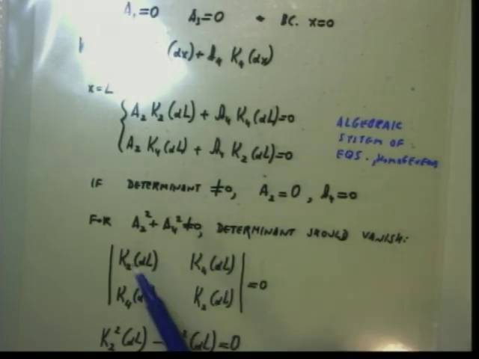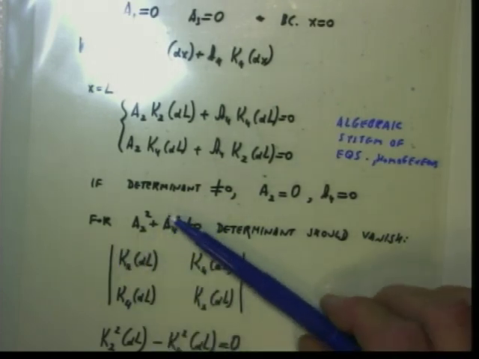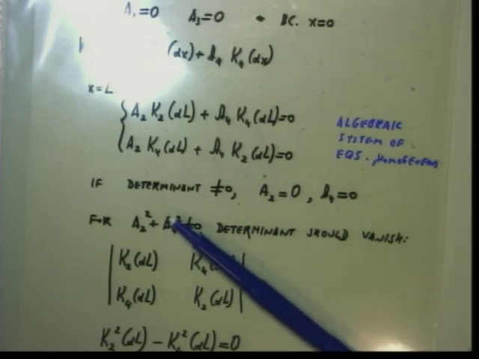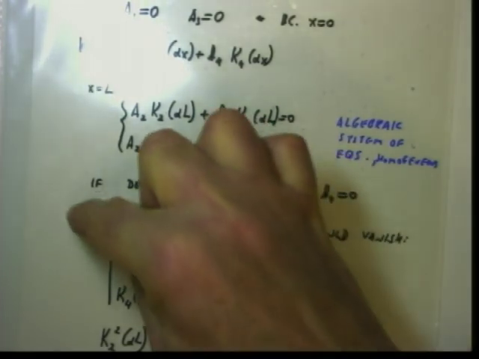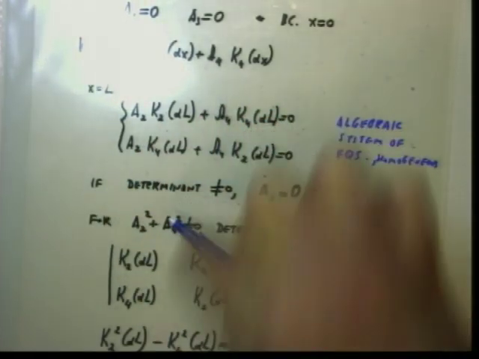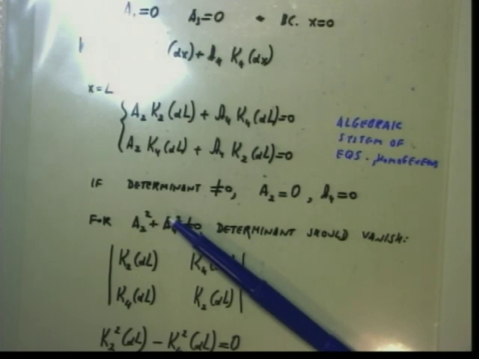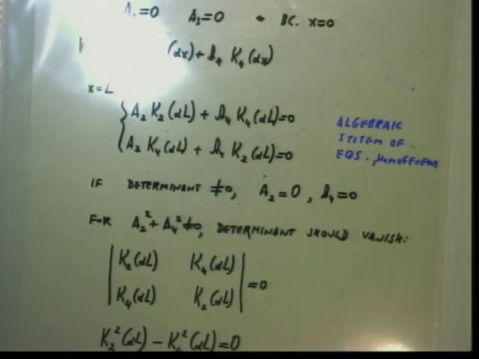Now here you have to write down: we do not want A2 and A4 both to vanish.